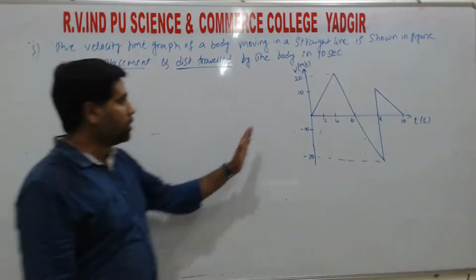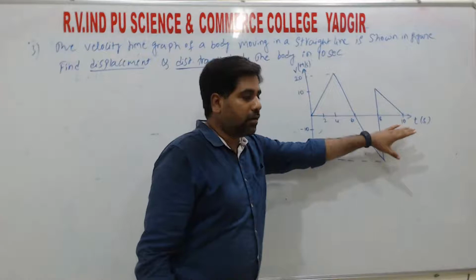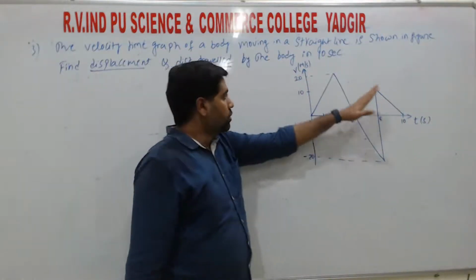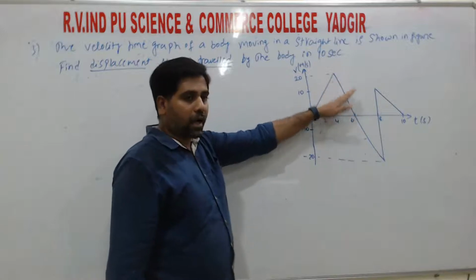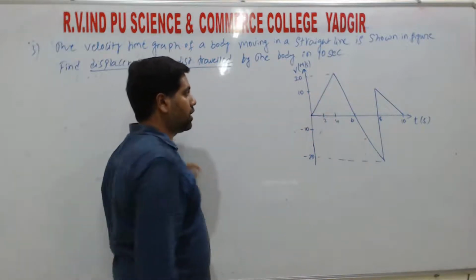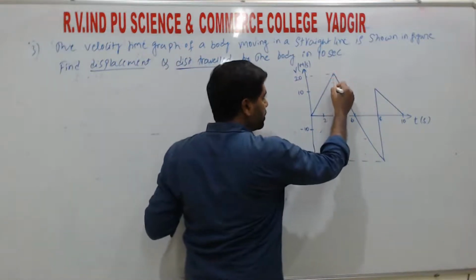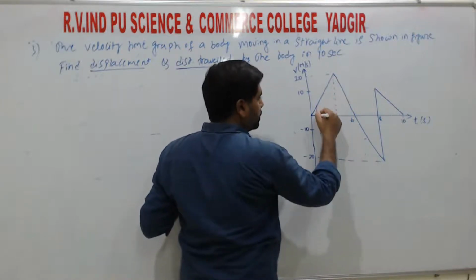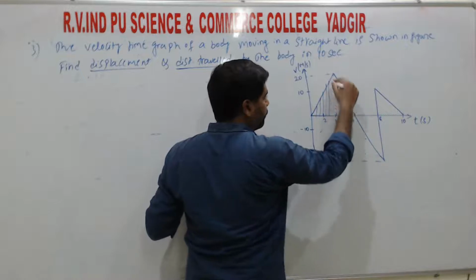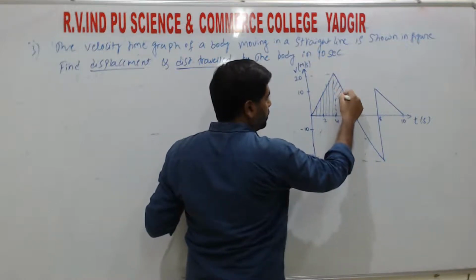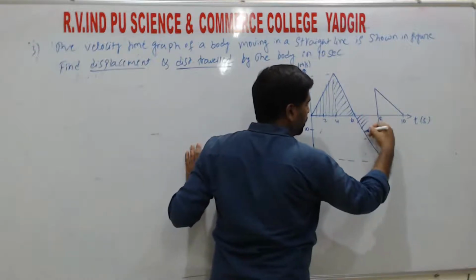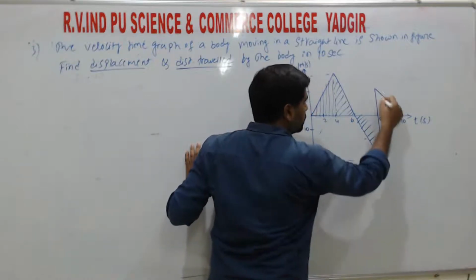So they have given the plot V and T, right? So from the significance of the VT graph, the area under the curve gives what? The displacement, right? So first we divide this in two. So now this becomes one area, and again this gives another area, right? In a similar manner here also.